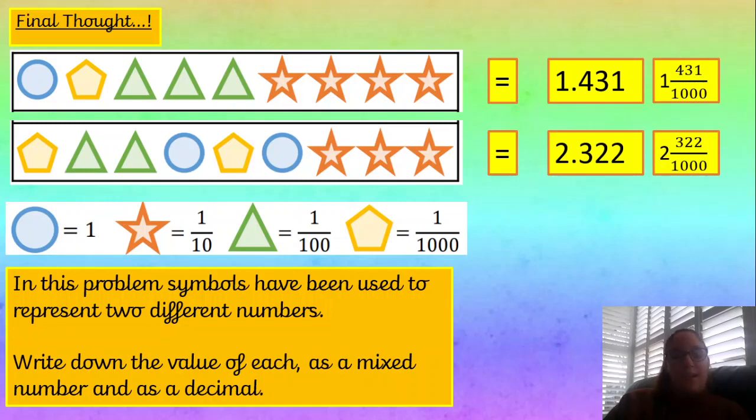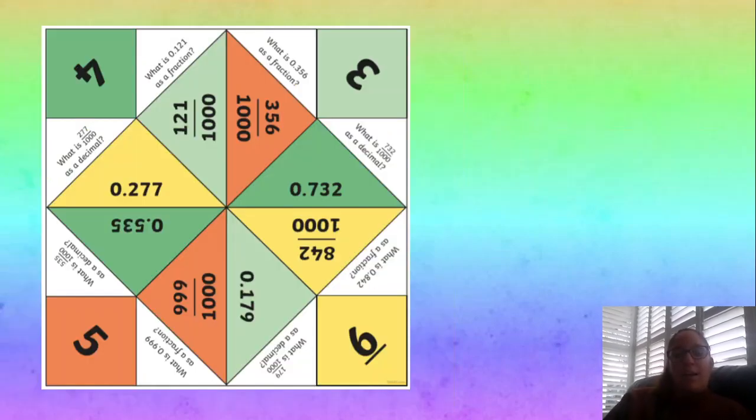Okay, well done. Just as a final thing today, and just to keep you occupied and busy over half term, and for the rest of today if you like, I have included some fortune tellers for decimals and fractions. Okay, on the resources, there are 3 different ones.